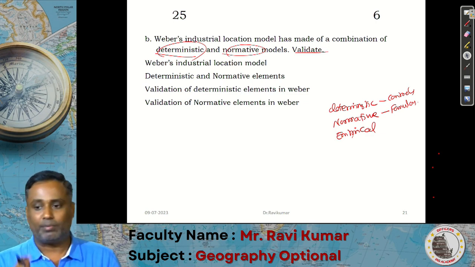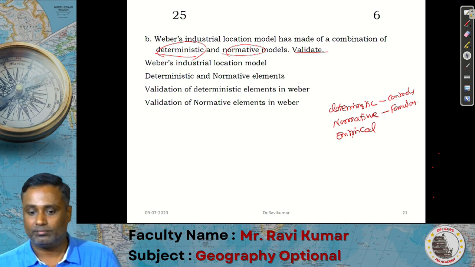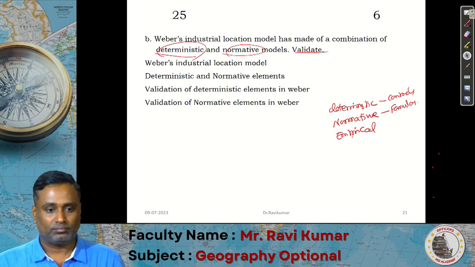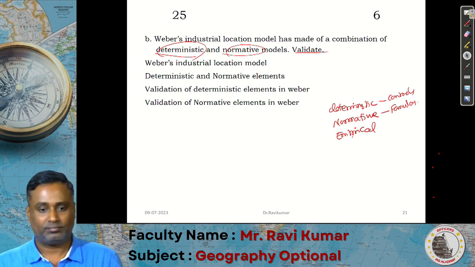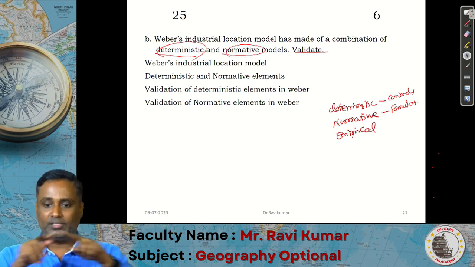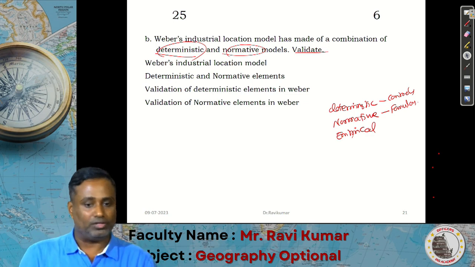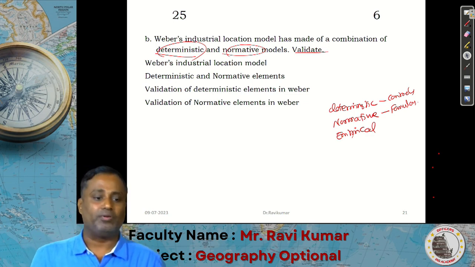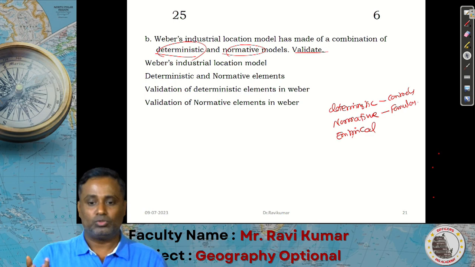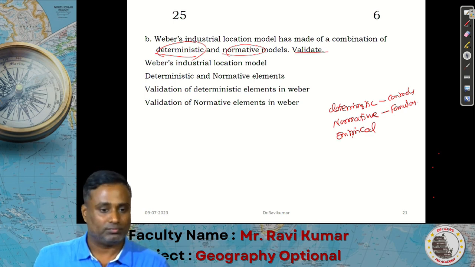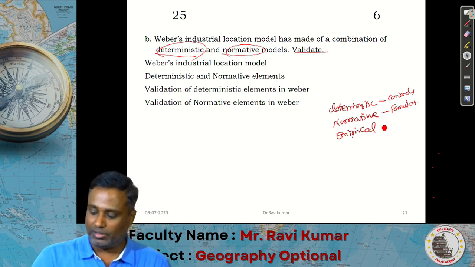Weber also used normative ideology: isodapanes, then the material index, and distance calculation, triangle calculation. These are all normative ideology, using formulas and calculations.